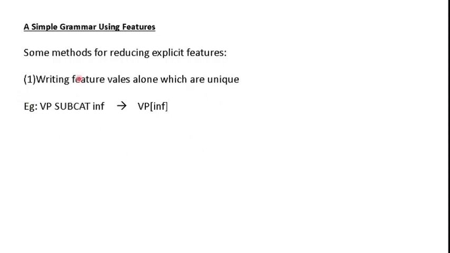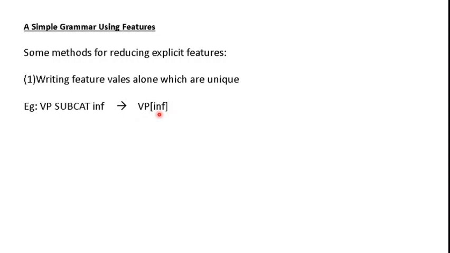Here it is written as the subcategorization feature of the verb phrase is infinitive, right? So we know that the INF value occurs as a feature value of only subcat. We have not seen any other feature where INF occurs as a value. So instead of writing this entire thing, what we can write is that the VP is constrained by INF.